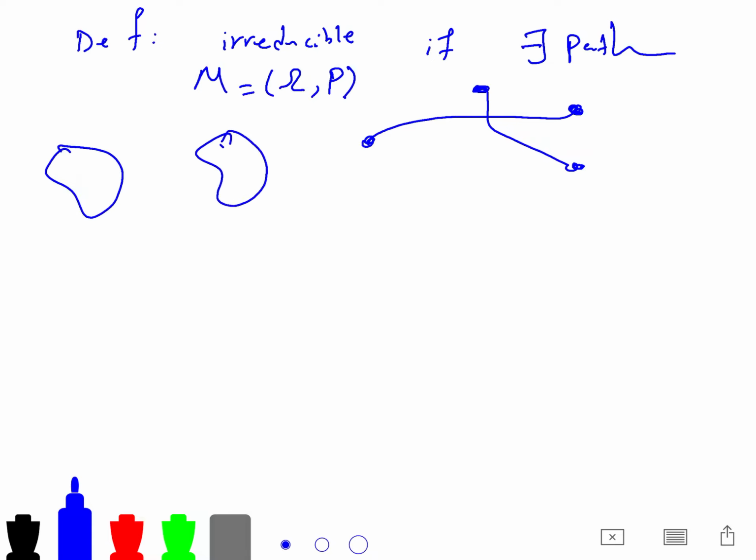It means that you don't want a graph that is disconnected. You want to reach from any vertex to any other vertex. Another useful definition: a Markov chain is aperiodic if for each state S, the GCD of all walk lengths from S to S is 1.